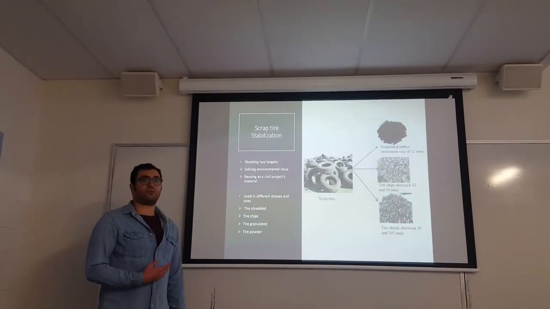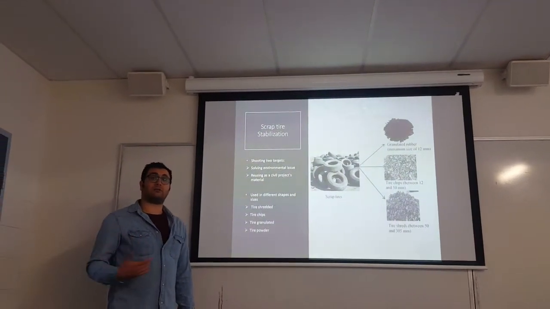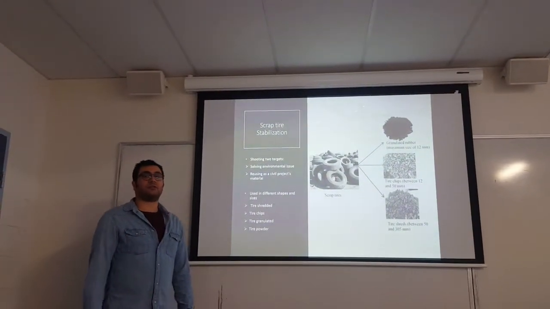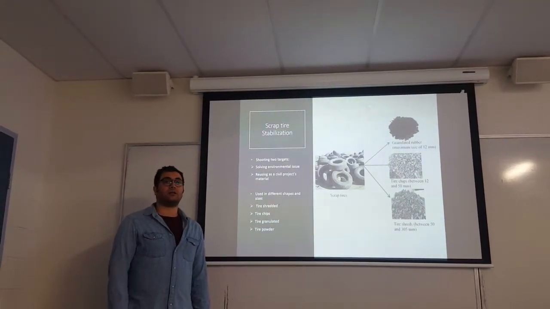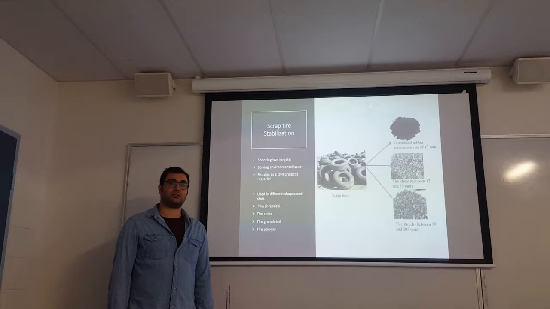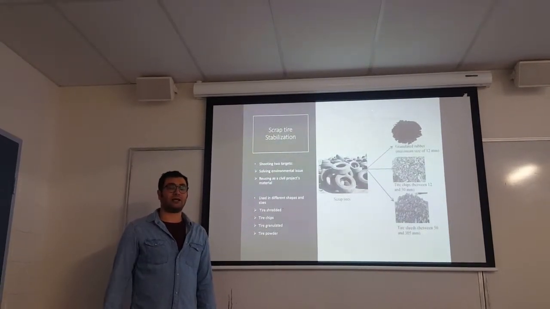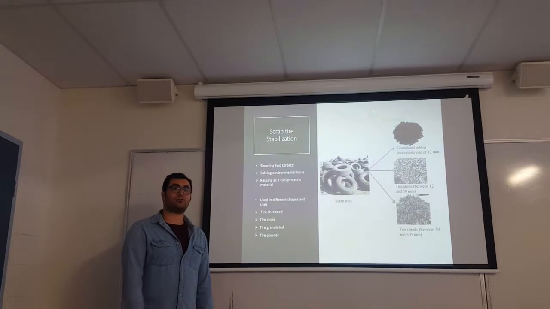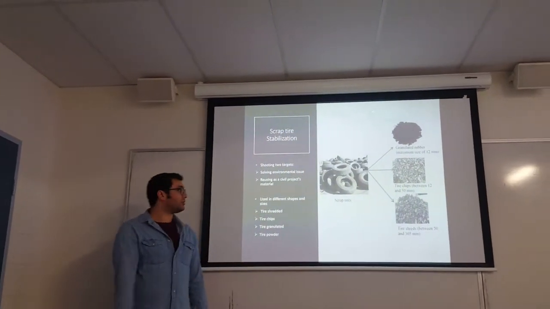Using scrap tire materials can actually hit both targets. First of all, it resolves the environmental problem, since stockpiling scrap tires has caused very big environmental issues in the last decades. And also we can reuse this material in civil project structures.